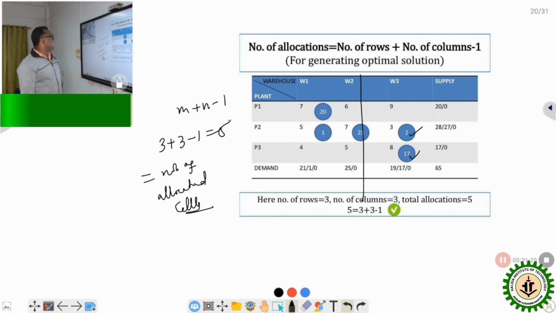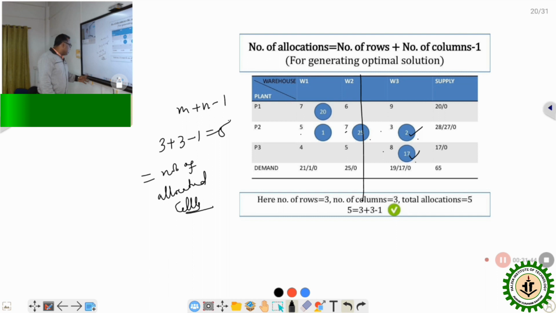So this is the way to find out what unit we will transport from which origin to which destination, so that the overall transportation cost we can find out. What will be the overall transportation cost? Rupees 7 into 20 unit plus rupees 5 into 1 unit plus rupees 7 into 25 unit plus rupees 3 into 25 unit plus rupees 8 into 17 units.